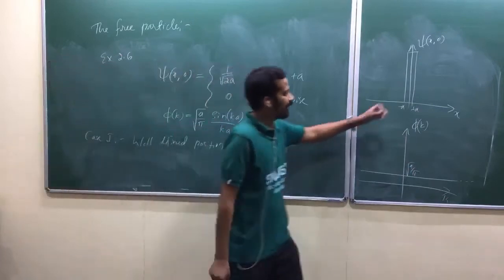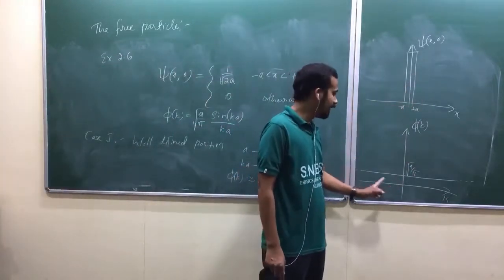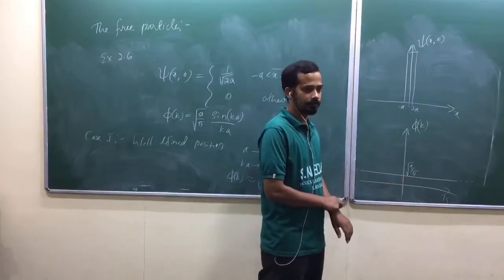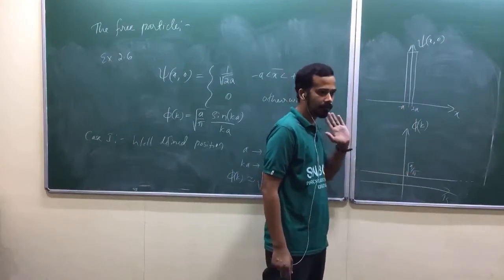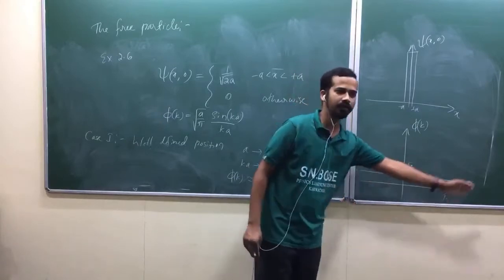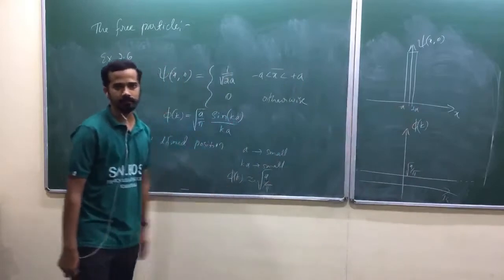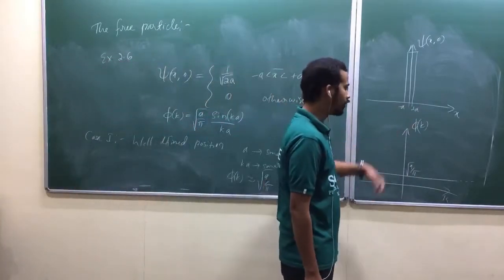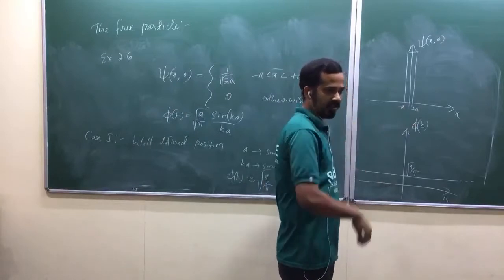If you try to have a well-defined position, it will have an ill-defined k or ill-defined momentum. I get my point. A wide range means, look at here, if you do the measurement on identically prepared systems, you are getting a wide range of k. Ill-defined k or ill-defined momentum, and you don't have control over it. Are you getting my point?